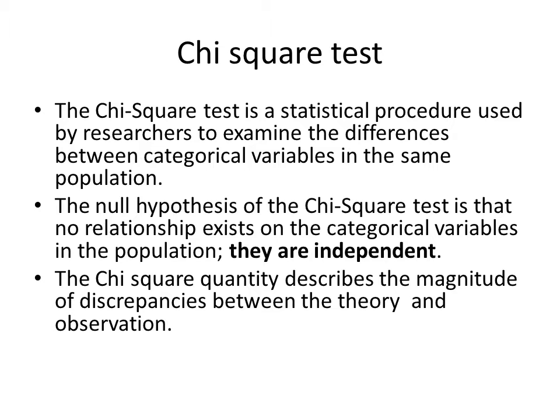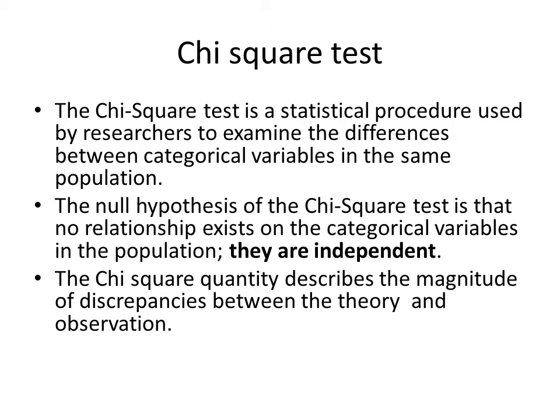Now, some researchers place chi-square test in the category of non-parametric test for testing hypotheses. The tests described earlier, like t-test or z-test, are based on the assumption that the samples are drawn from a normally distributed population.